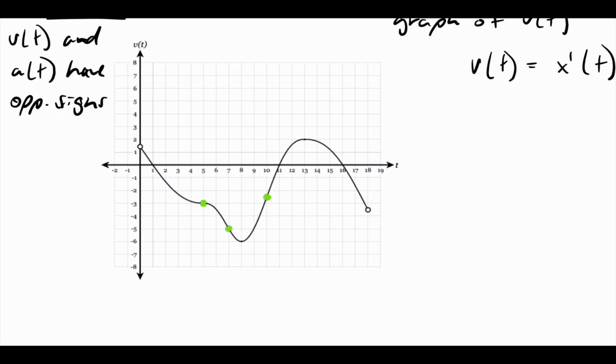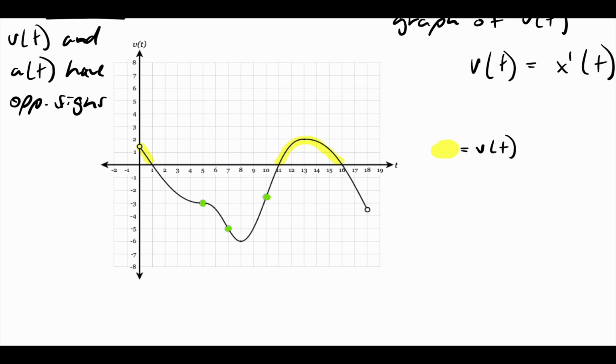Isn't this a graph of velocity? So when y is positive, velocity is positive. So let's go find out where velocity is positive. I'm going to highlight it in yellow. There, right? Positive y values. And there, right? Velocity is greater than 0.